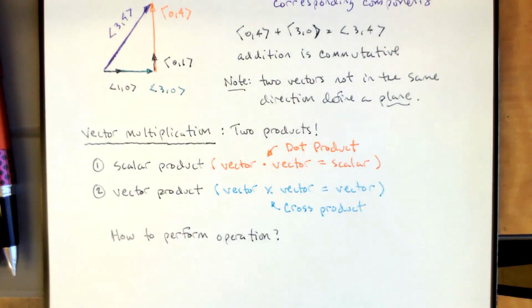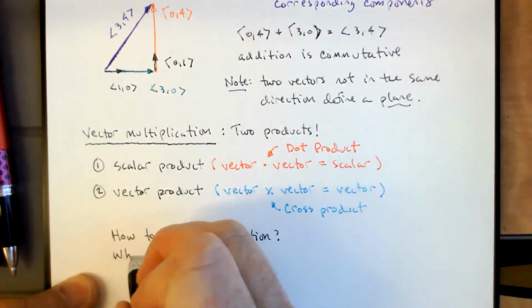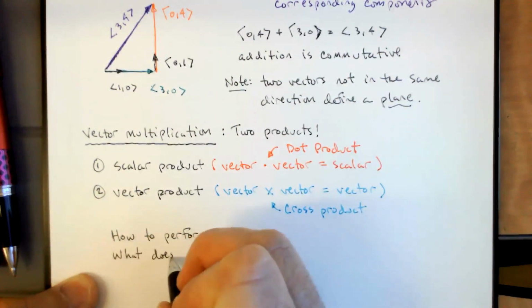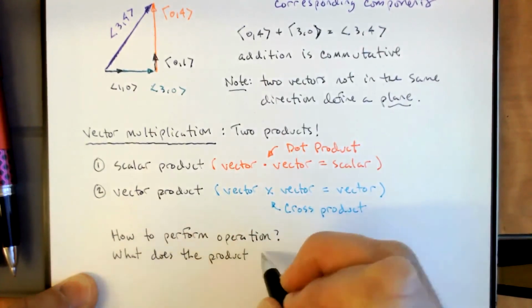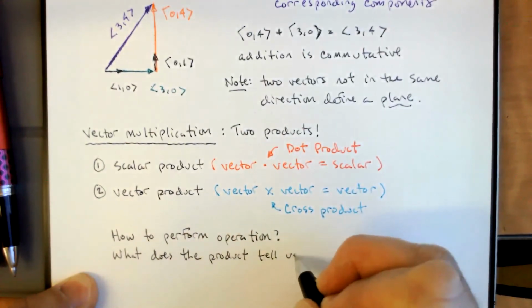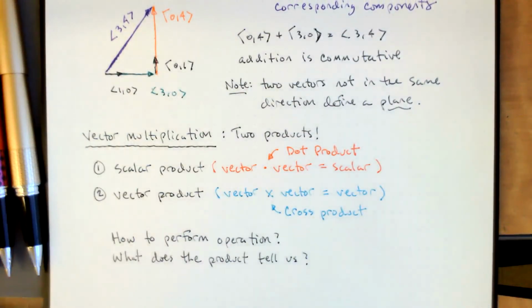And what does the product indicate? How do we perform the operation? And what does this product tell us? Once we have those two things down, we can ask questions, why do we care?